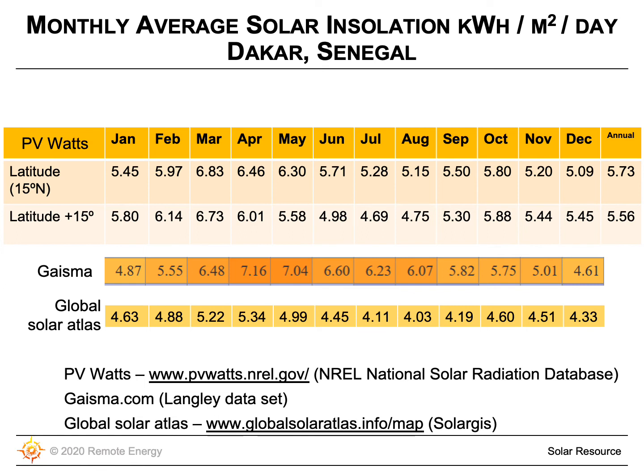Now, if we were to tip that solar panel up 15 degrees more to 30 degrees at the same site in the same month, January, we would actually have 5.8 peak sun hours measured, or 5.8 kilowatt hours per meter squared per day. That's a slightly higher value.